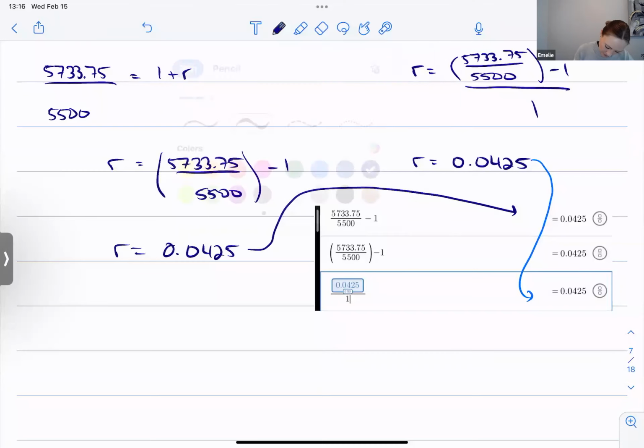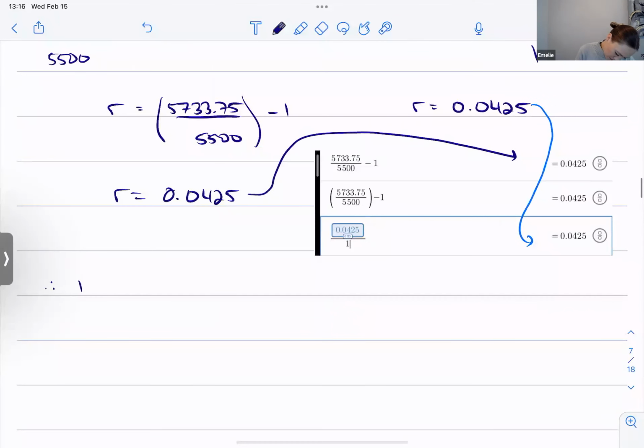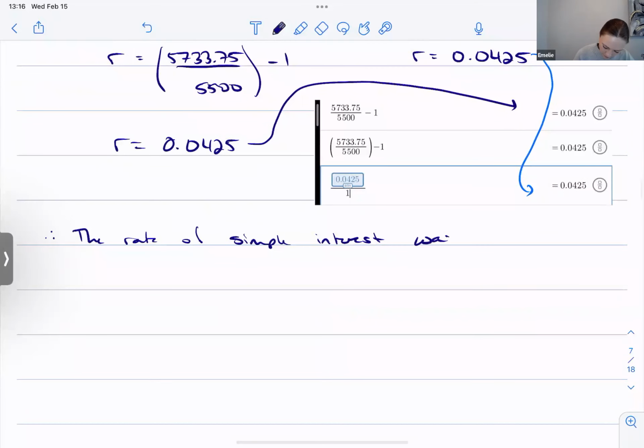Therefore, the rate of simple interest was 4.25%. Remembering that as soon as we're dealing with the rate, we usually report it as a percentage, but in math, we have to use the decimal version or the proportion.